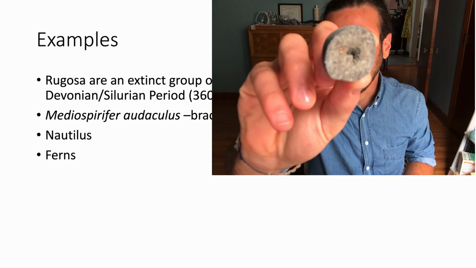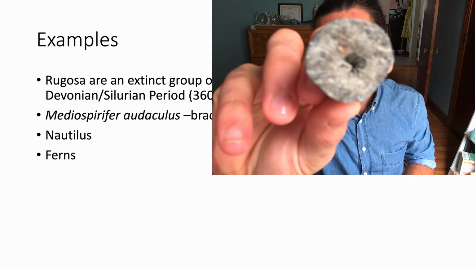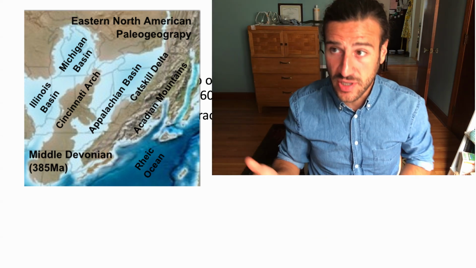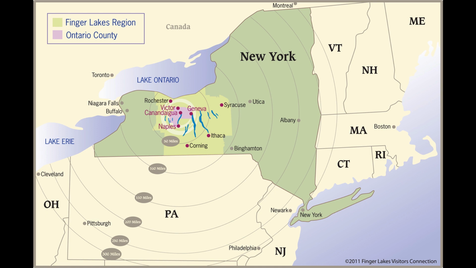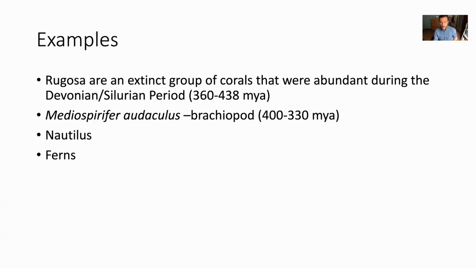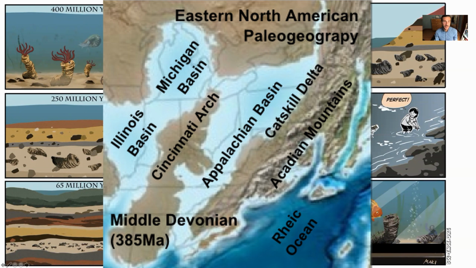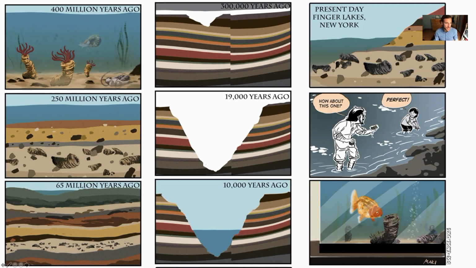So these are ancient corals. And ancient corals actually lived in the middle of New York where the Finger Lakes are. So here is 400 million years ago in the center of New York. New York was actually a very shallow ocean. And this is rugosa right here.